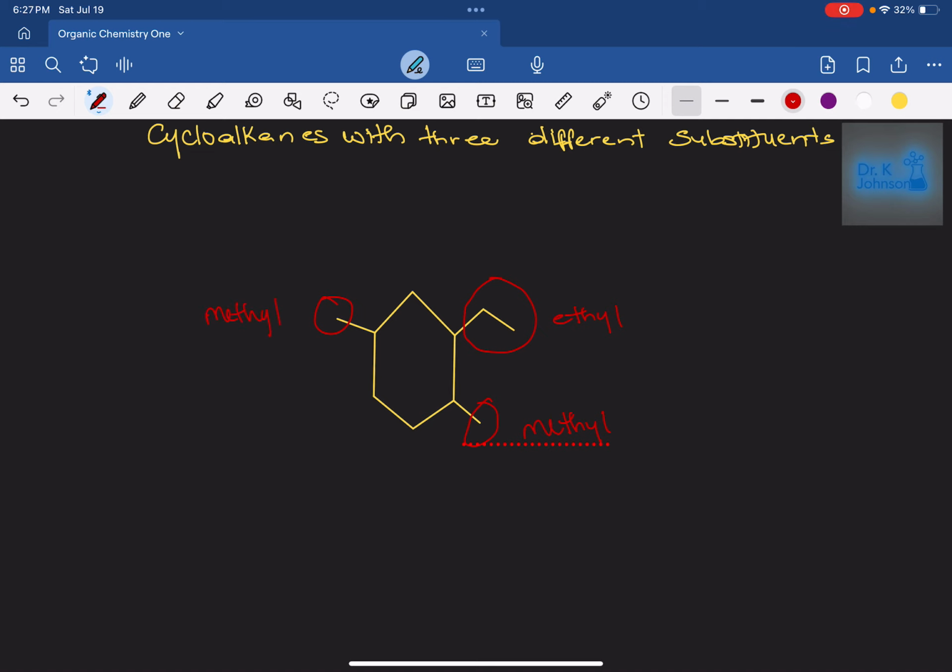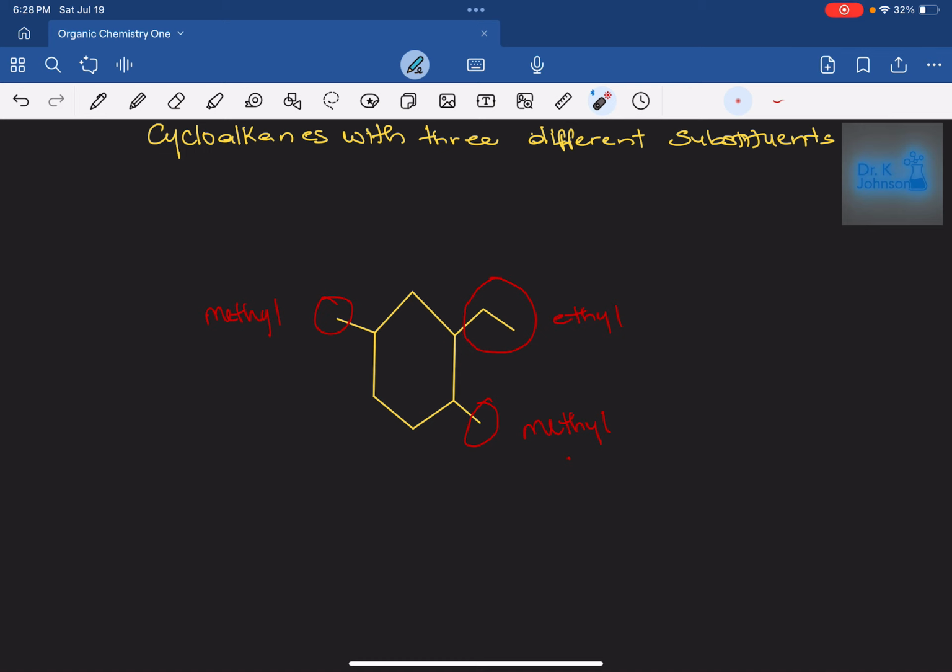Now, here is a trick I will teach you. If you have 2 substituents sitting right next to each other, to get the lowest set of numbers, put 1, 2 right here. And the key is you put 1, 2 in the direction that gives this one the lowest possible number.